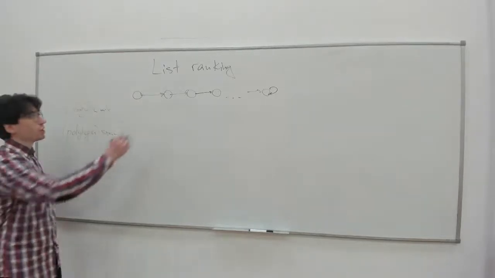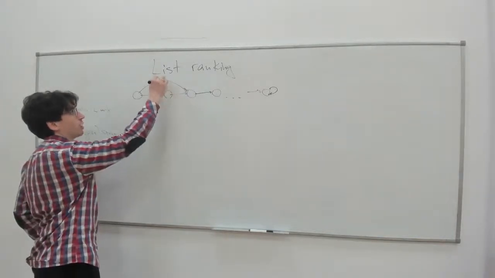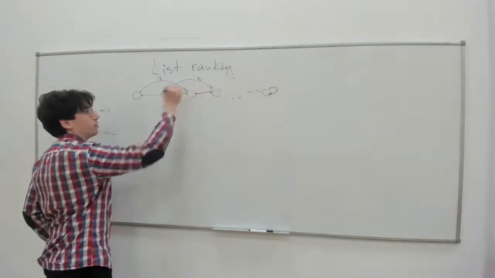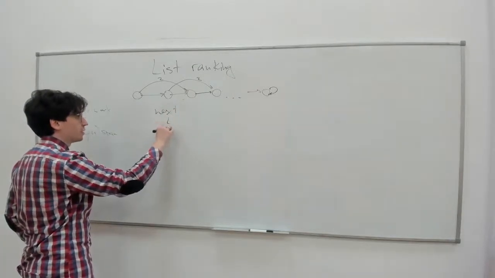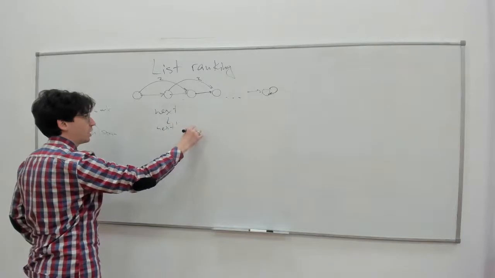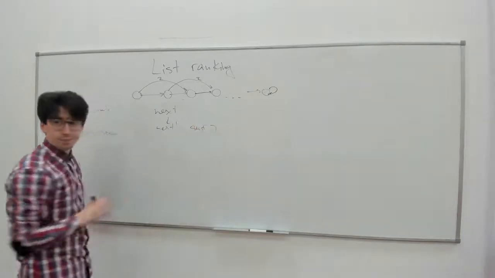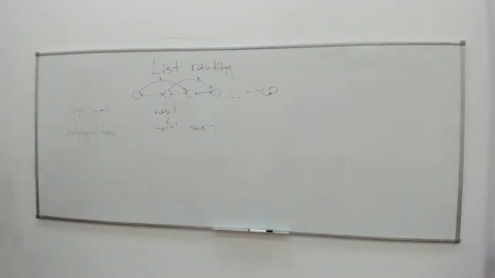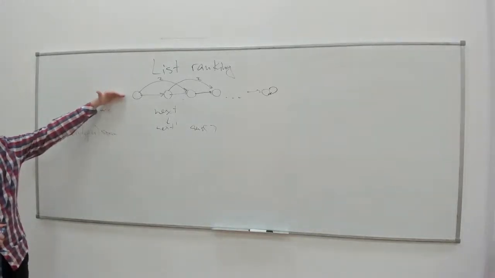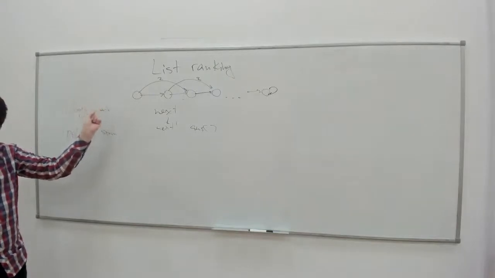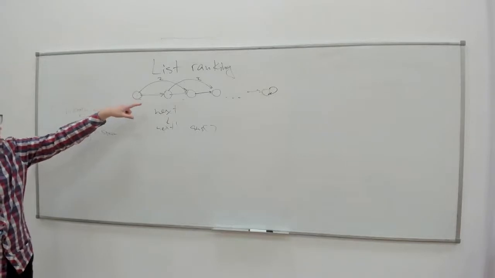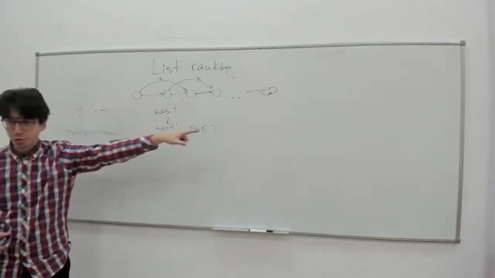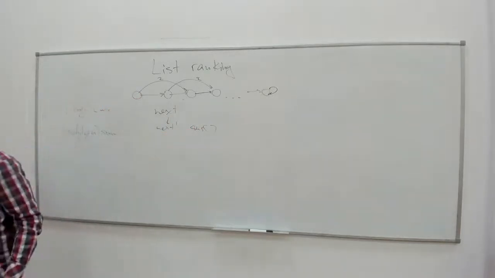So for each guy you jump over 2 and recalculate the links. So you have next, now you have next prime. Then you do this linearly per each iteration, and in log n iterations you will reach the end of the list, of course.